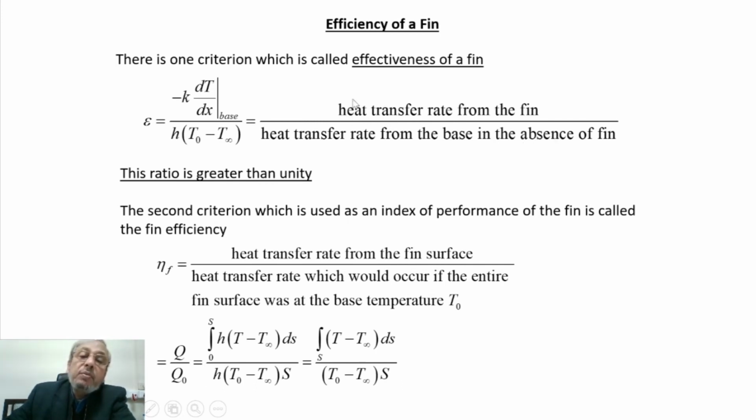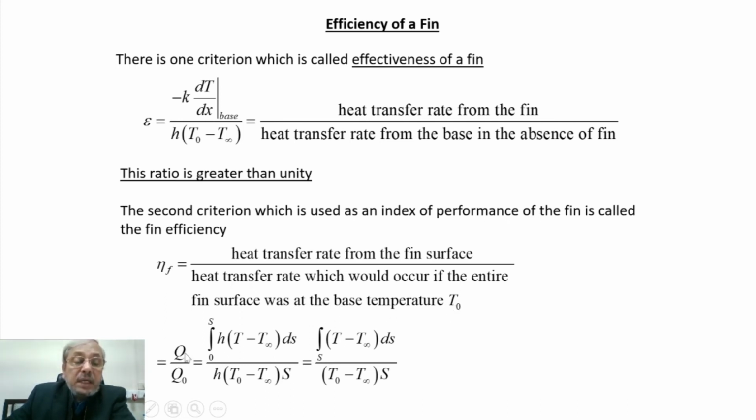So obviously it will always be greater than 1. The second criterion, which is used as an index of performance of the fin, is called fin efficiency. Fin efficiency is the heat transfer rate from the fin surface divided by the heat transfer rate which would occur if the entire fin surface were at the base temperature T naught.